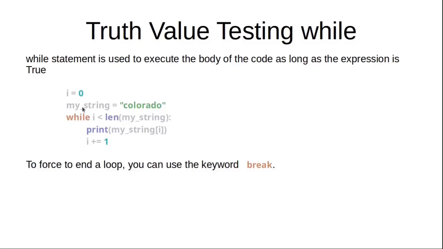Another variable called myString, a string object, and assign it 'Colorado'. Then, while i is strictly less than the length of my string, print the ith element of my string, and before going back, increment i by 1.